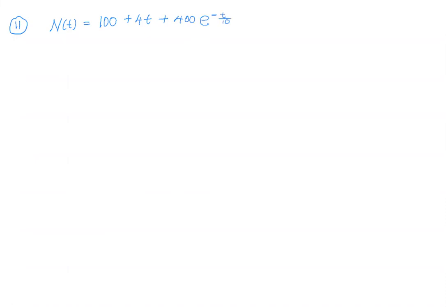For this case, if I want to make my life easier to key into the GC, I would view this like that, and I will turn this into 0.1. So it's easier to key into the calculator.